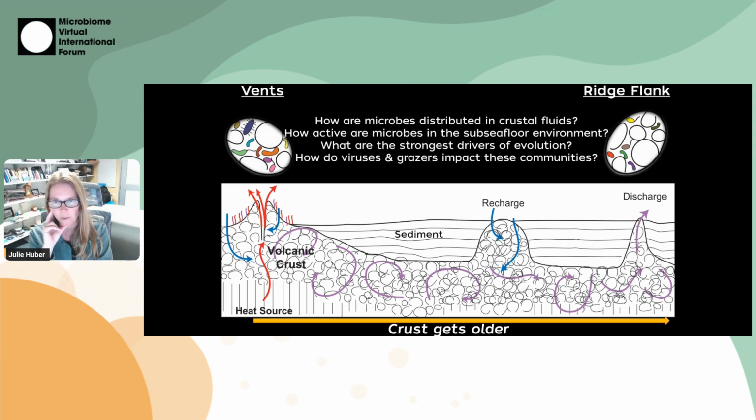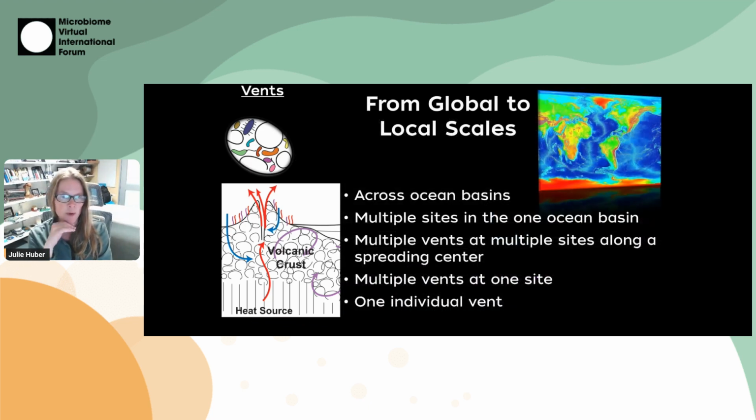And so while this isn't really the only thing I do in my lab, I think a lot about how microbes are distributed in these different environments, how active they are, sort of what's driving their evolution, and also both how viruses and grazers impact these communities. And we work at both a very, very small scale, sort of strain level genomic work, and also just big picture global, thinking about, how do these communities vary across ocean basins, across multiple sites, et cetera.